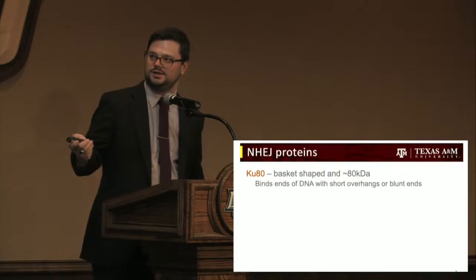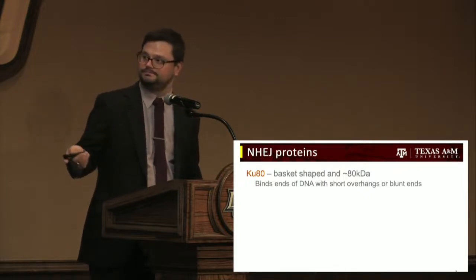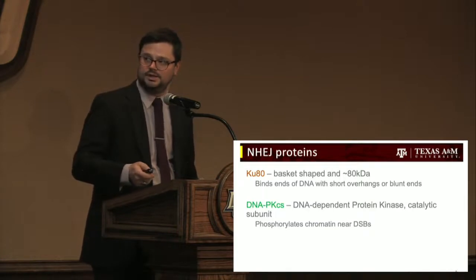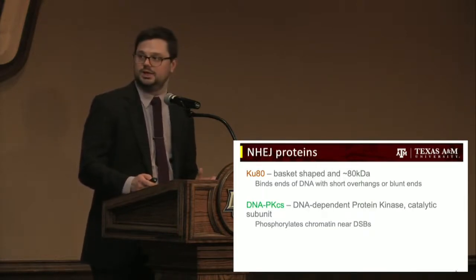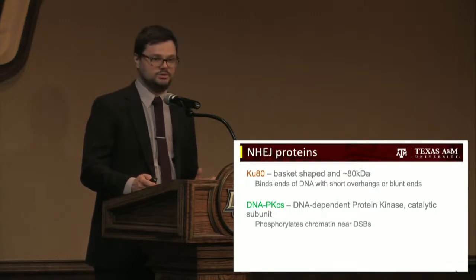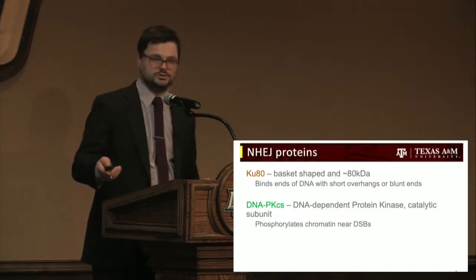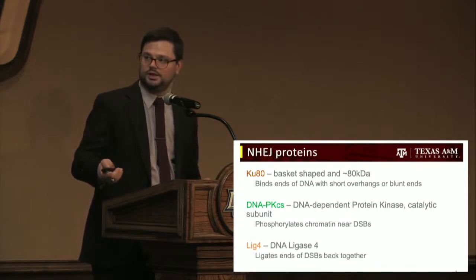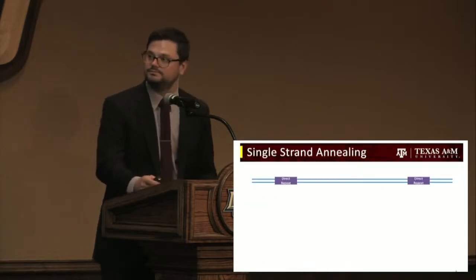But it binds to the ends, and it can work with either short overhangs or just blunt DNA. And then DNA-PKcs stands for DNA-dependent protein kinase, and it's just the catalytic subunit of DNA-PK. And so that phosphorylates chromatin near double-strand breaks. And then ligase 4 cleverly ligates ends of double-strand breaks back together.